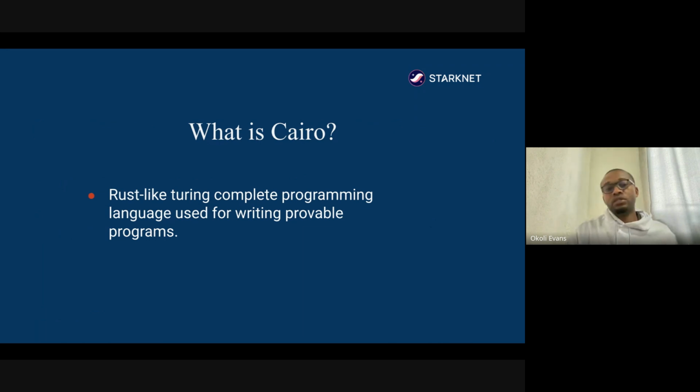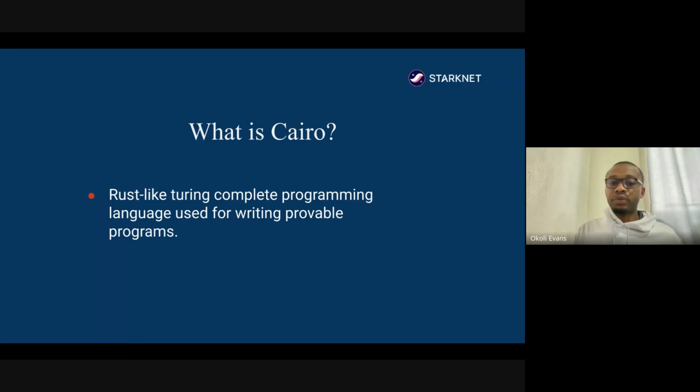So what is the Cairo language? I mentioned that Cairo is Rust-like, that means it's like Rust. It's a Turing complete programming language used for writing provable programs. The question now is, what are provable programs? I mentioned during the architecture that we have a prover that proves every transaction and then sends it to the verifier. I don't want to use too many technical terms so that everybody can follow.